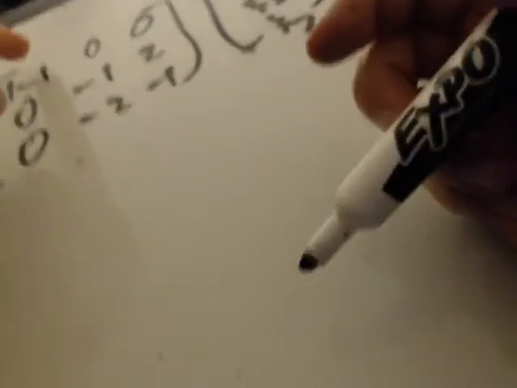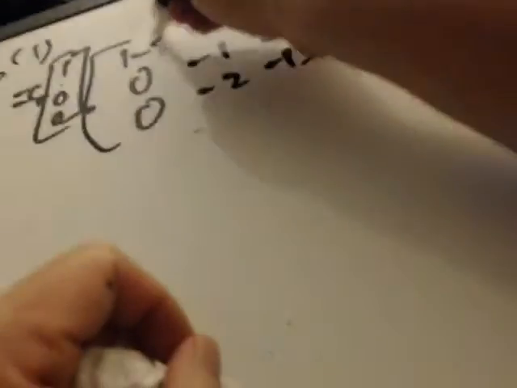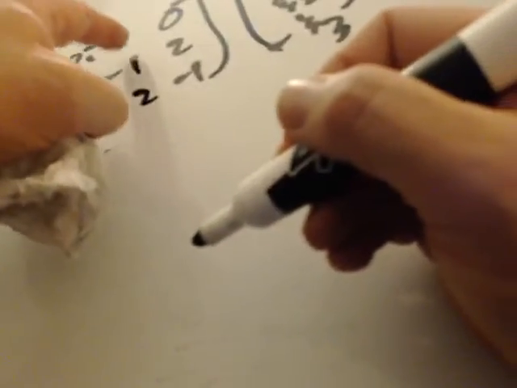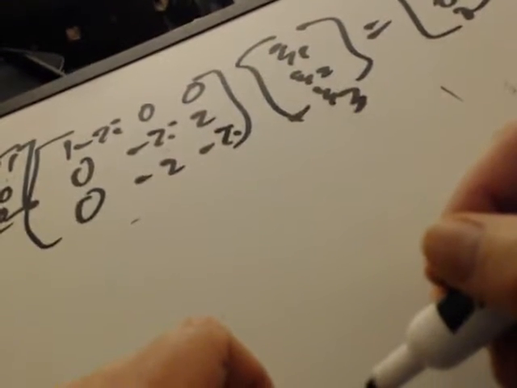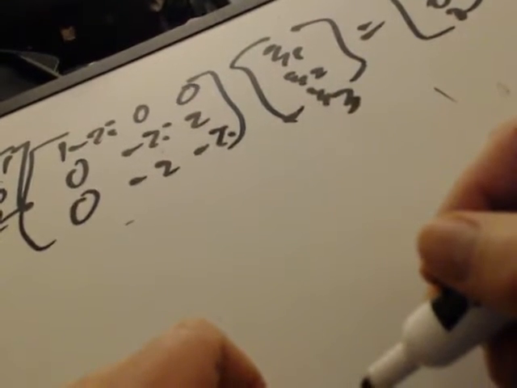Time to use the 2i. So this becomes 1 minus 2i. This becomes minus 2i. This becomes 2i. Or does it? No, it doesn't. I was just trying to trick you. Alright.